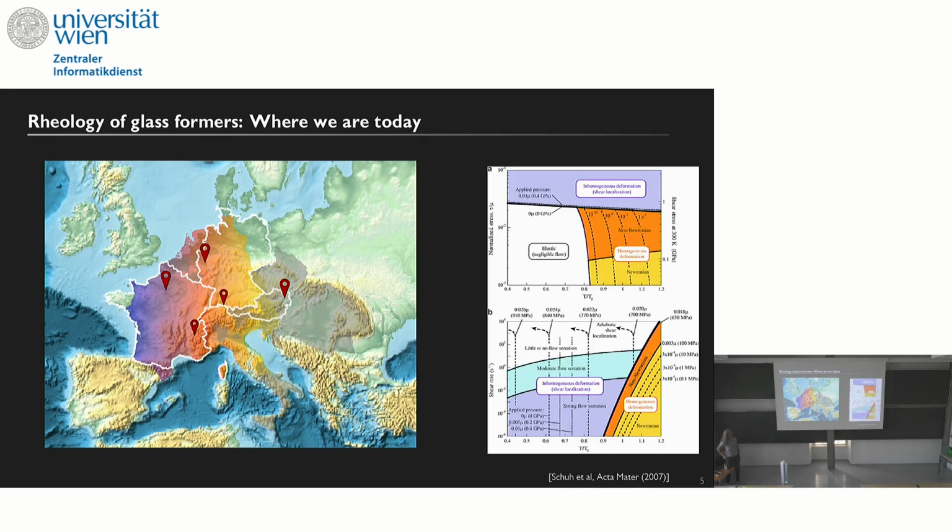And I was inspired to make this plot by a figure that also Anael showed from a very influential paper from the Shu group. And he explained to you the different regions that you can have in the deformation of amorphous solids and fluids. So there's somewhere here the glass transition, where down here you have the amorphous solid. Up here you have a melt. And if you are at very high temperatures and very high shear rates, you would expect things to flow more or less Newtonian.